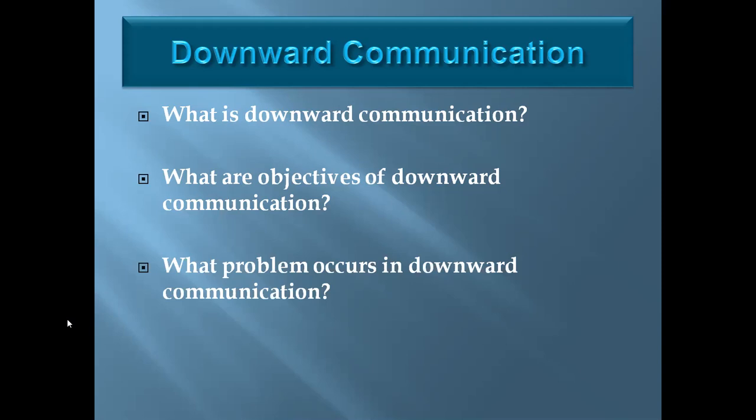So there are chances that the meaning is lost. So the main problem that occurs during downward communication is loss of meaning. Meaning is not understood 100% the way you want that message to be understood.